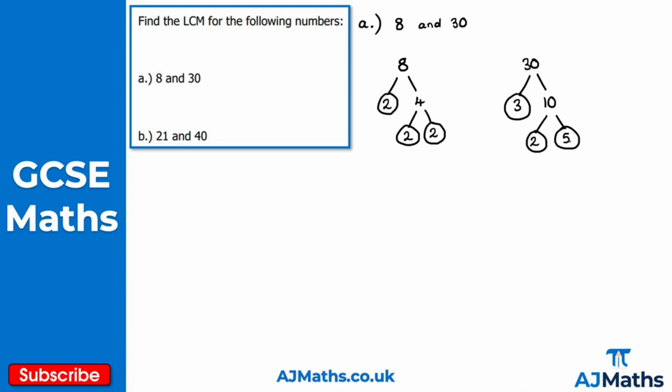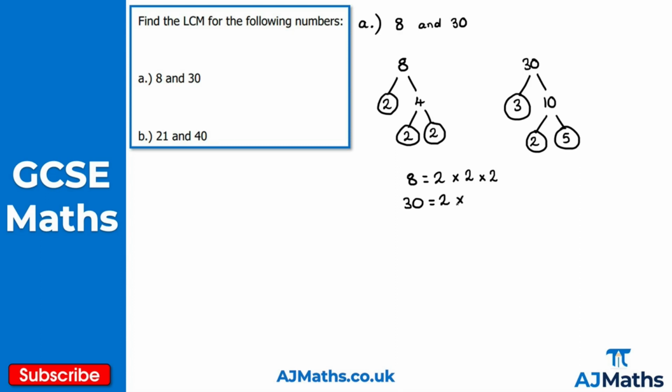So what we've got now is the prime factors of 8 and the prime factors of 30. So what I'm going to do now is write this as a product. So 8 then, that's 2 times 2 times 2. And then for 30 here, this is 2 times 3 times 5.